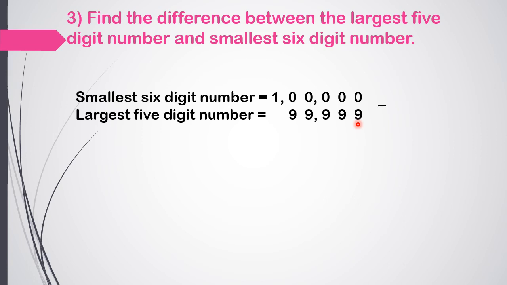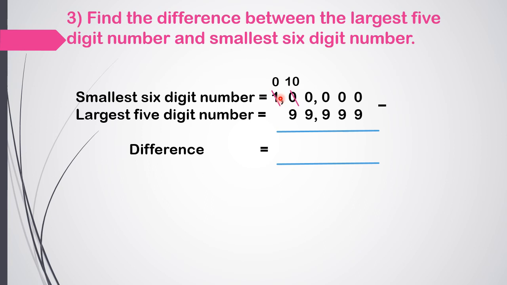So we are going to find the difference. So subtract. Can we subtract 9 from 0? No. So we have to borrow from the previous number. Here the previous number itself is 0, so we borrow from the previous number. That one is also 0. Then the previous number 0, previous number 0. Here we have 1. So now that 1 becomes 0 because we gave that 1 to the next digit.